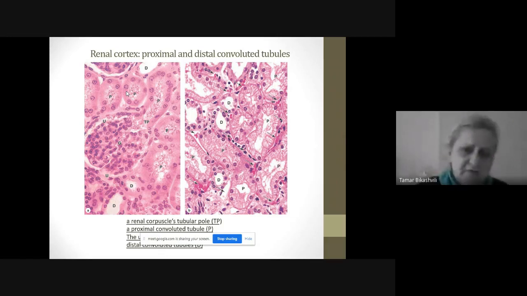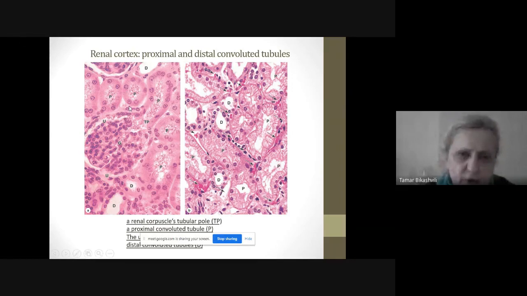This is one function of these cells. Secretion also proceeds: secretion of organic ions and cations not filtered in the renal corpuscle, which may be released from the peritubular capillaries into the filtrate.